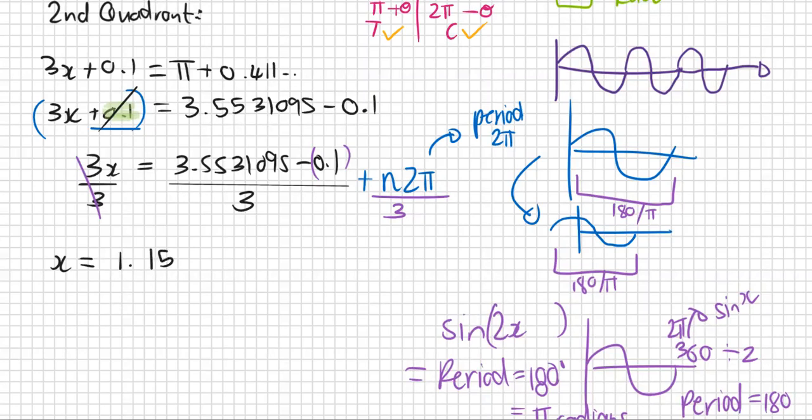It gives us 1.15, and our general solution is n times 2 pi over 3, where n is an element of the integers. N is an integer. You have to write this. N can't be a fraction of an integer. It has to be -1, 0, 1, etc. in either direction. Okay.